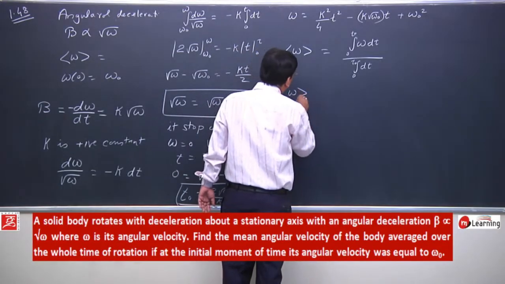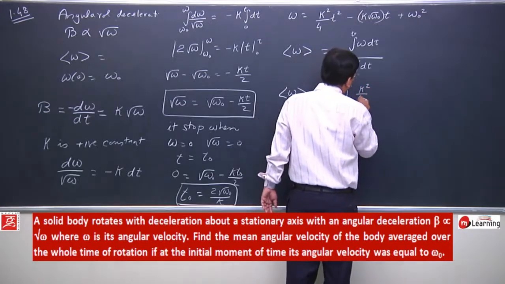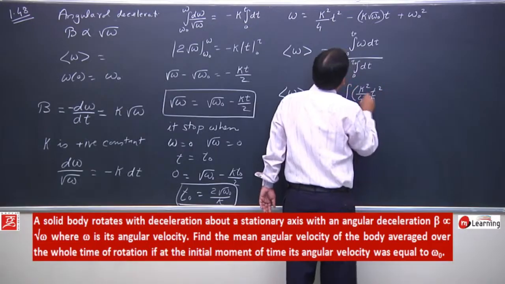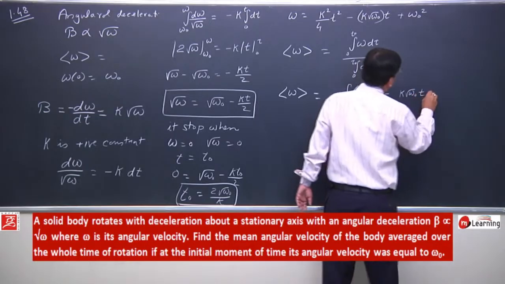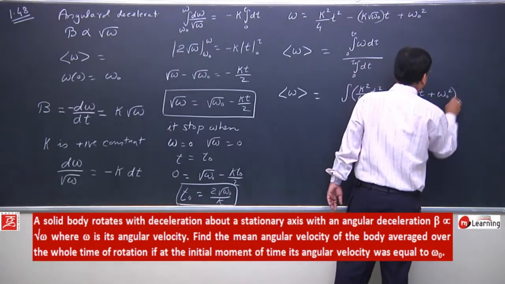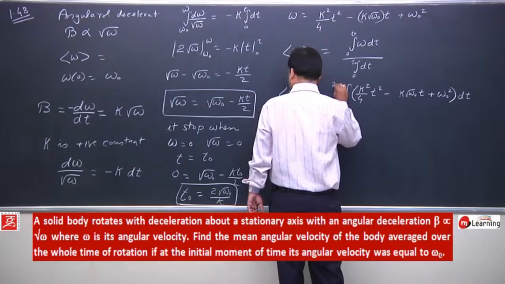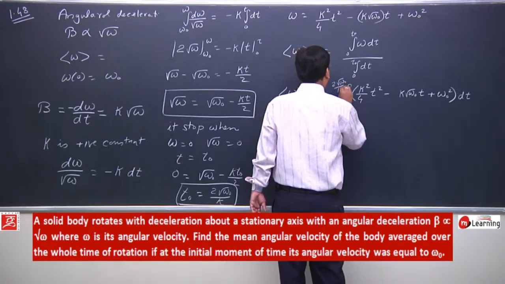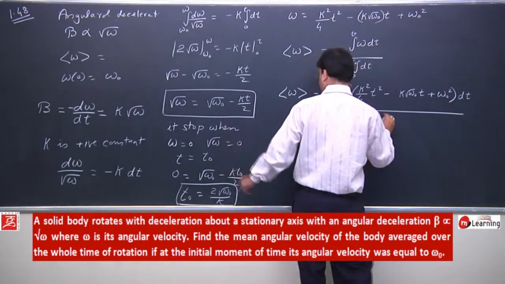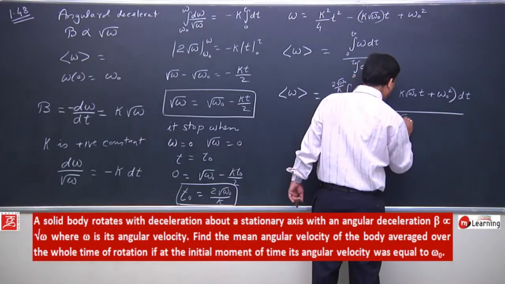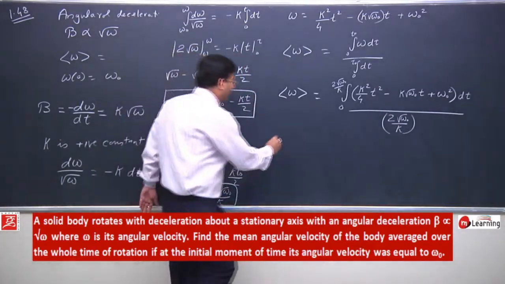So this mean angular velocity would be given by integral of k square by 4 t square minus k root omega naught t plus omega naught dt. And this goes from 0 to t naught time, that is 2 root of omega naught by k, upon the integral of dt, 2 root of omega naught by k. We need to solve this.